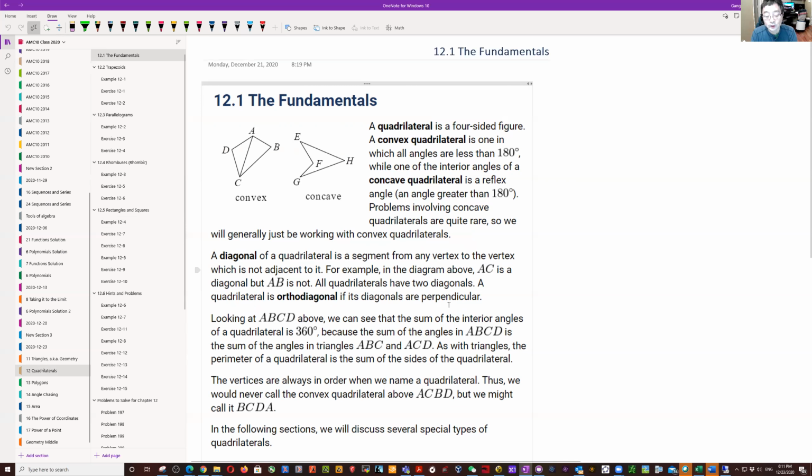For an orthodiagonal quadrilateral, it's very easy to calculate the area. It's 1/2 of diagonal 1 multiplied by diagonal 2.